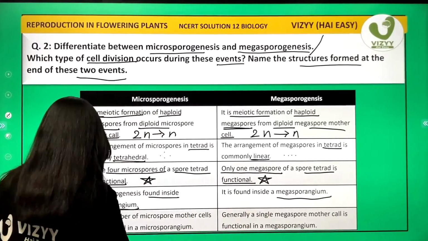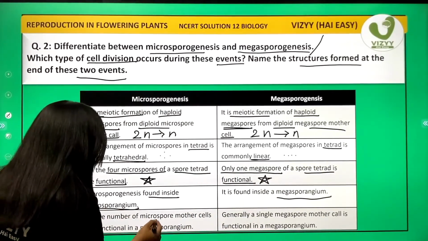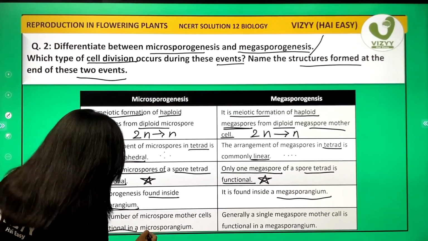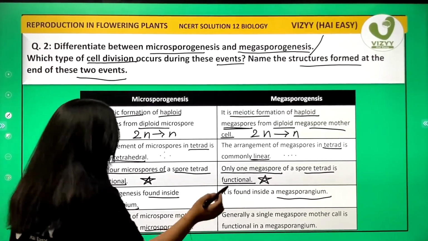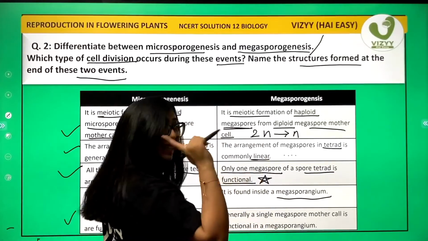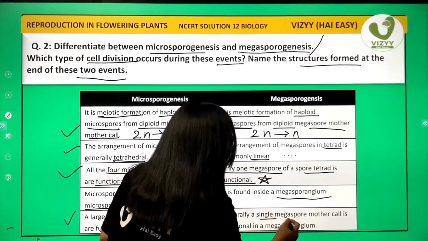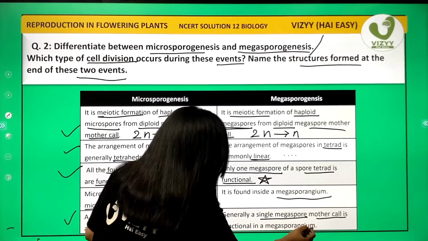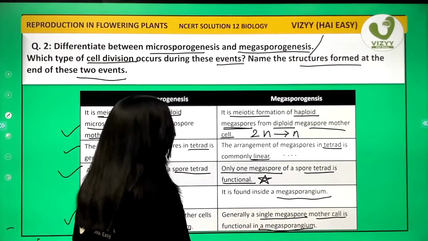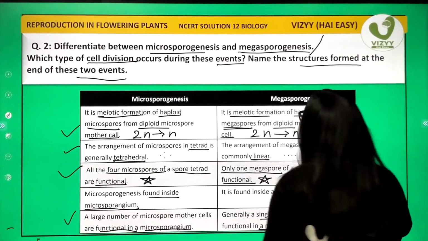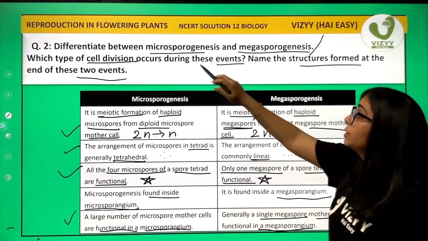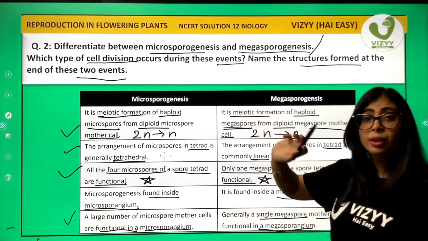And lastly, a large number of microspore mother cells are functional in microsporangium, whereas generally only a single megaspore mother cell is functional in megasporangium. So students, this is your difference and it covers all these 3 points.